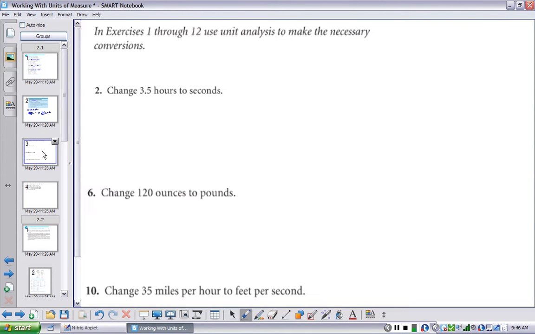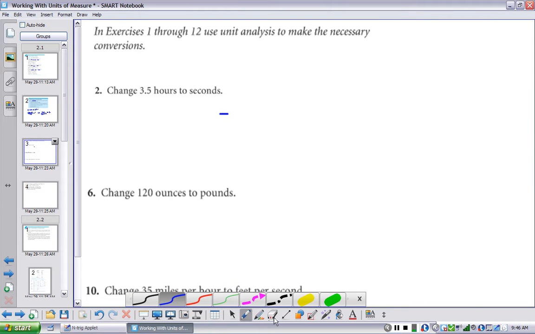For example, in the next few problems, they want us to use unit analysis to make the necessary conversions. So we start with 3.5 hours. And I'm going to use the notation that they're using in the text.